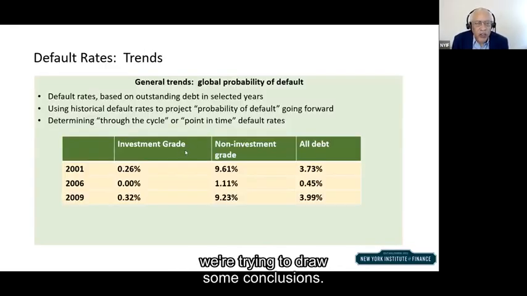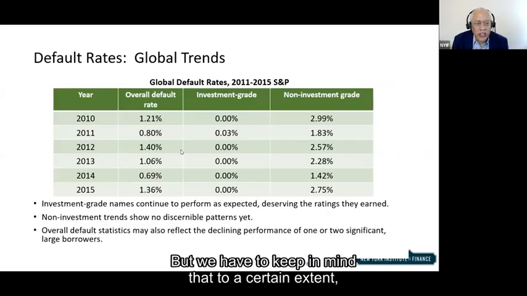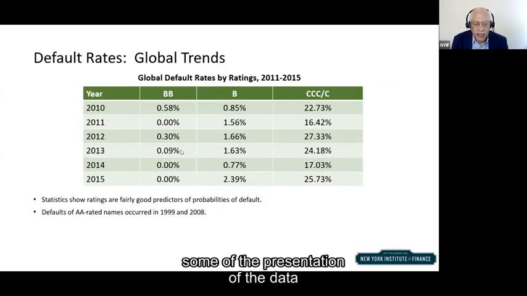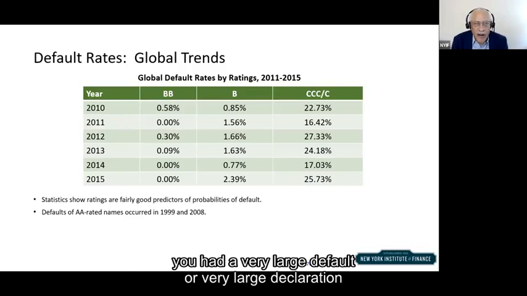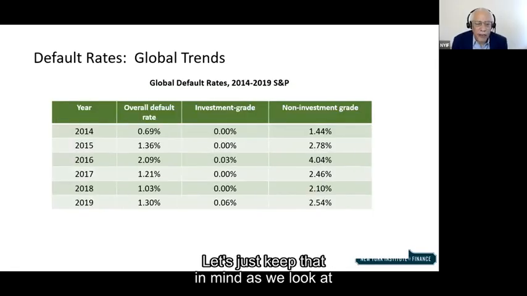We're trying to draw some conclusions, but we have to keep in mind that to a certain extent some of the numbers can be out of whack, some of the presentation of the data, because in a certain year you had a very large default or a very large bankruptcy in terms of the total aggregate amount. So let's keep that in mind as we look at data from year to year.